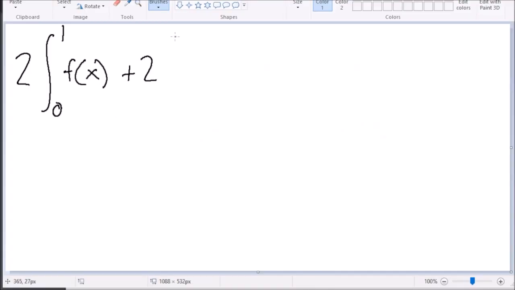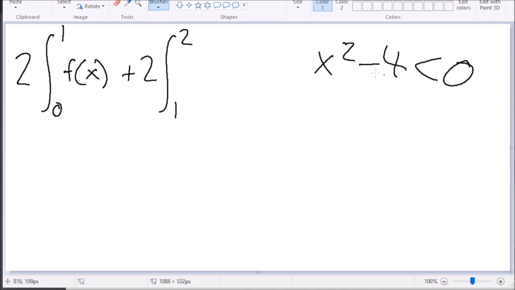Next, from 1 to 2. From 1 to 2, x squared minus 1 will always be positive. But x squared minus 4, from 1 to 2, is going to be negative. This is negative because it will only reach 0 or above if x squared is greater than or equal to 4.